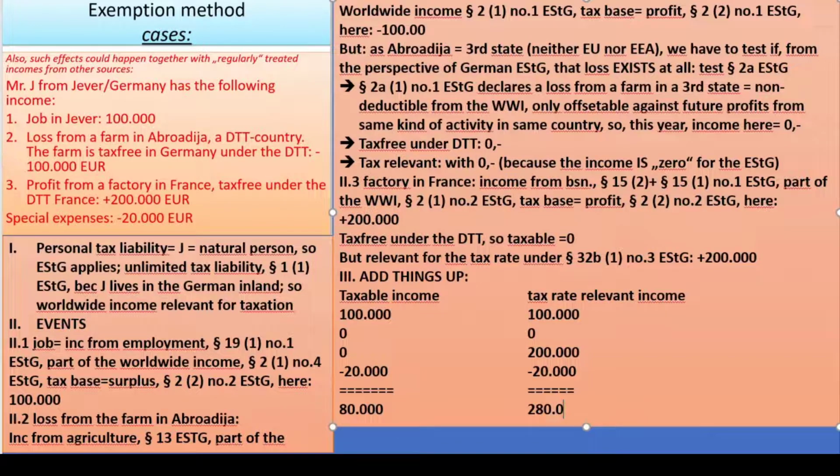a rate for 280,000. Now 280,000 would be 280,000 times 0.5%, 72. This is the year of 2022.